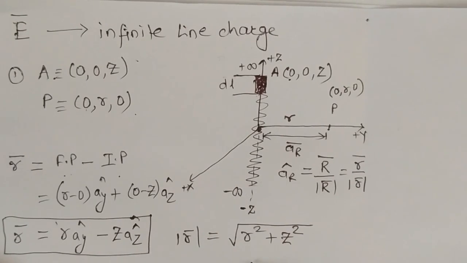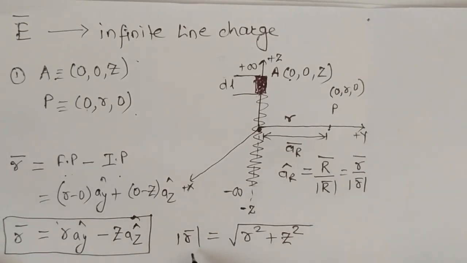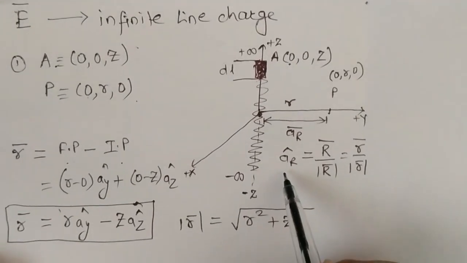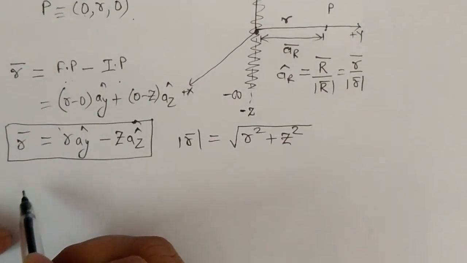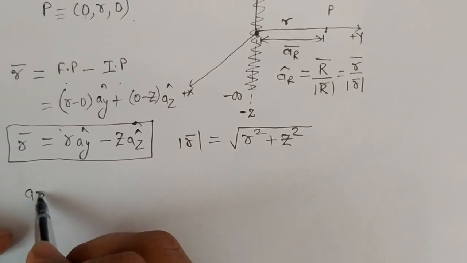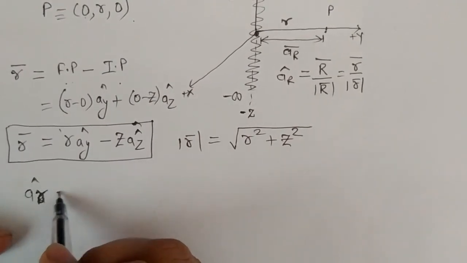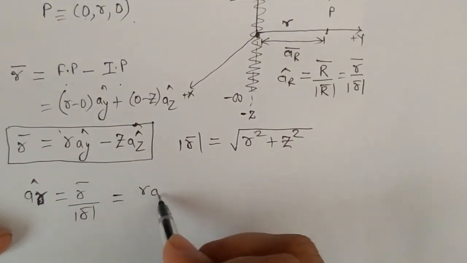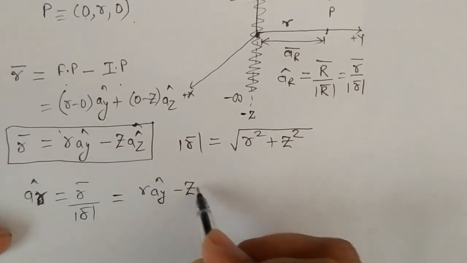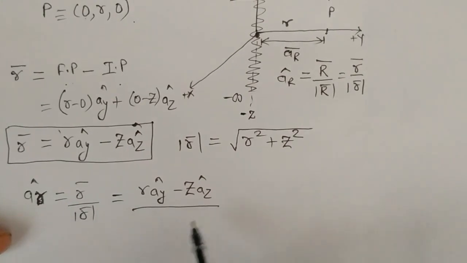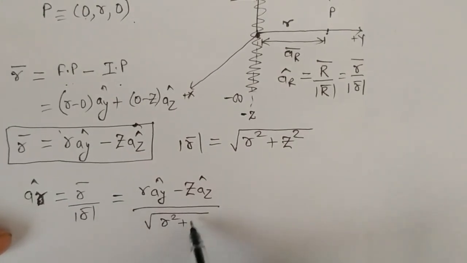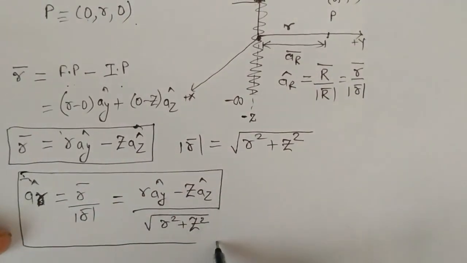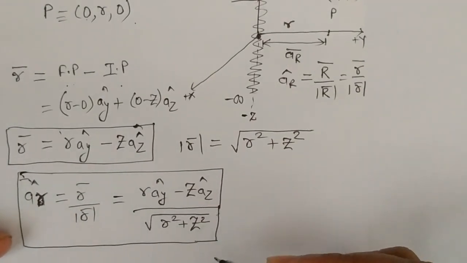So from the r bar value and the mod of r bar value, we can calculate the value of a_r cap also. a_r cap is equal to r bar divided by mod of r bar, which is equal to r a_y cap minus z a_z cap divided by square root of r square plus z square. So this is the value of a_r cap also.